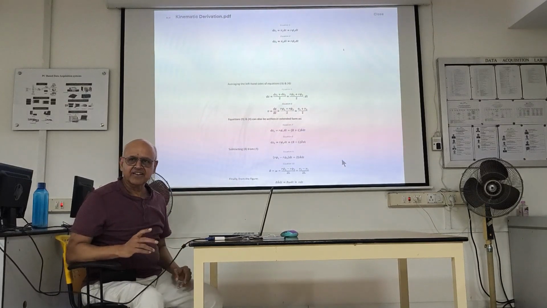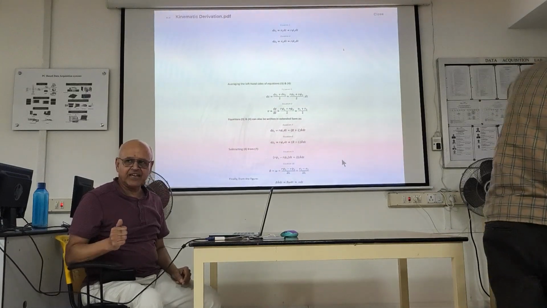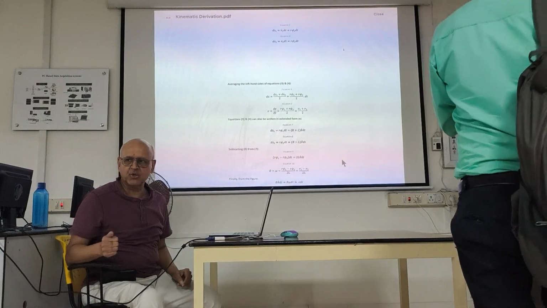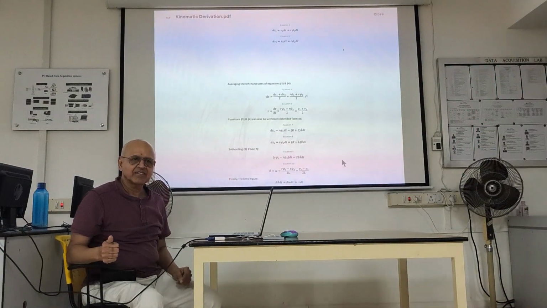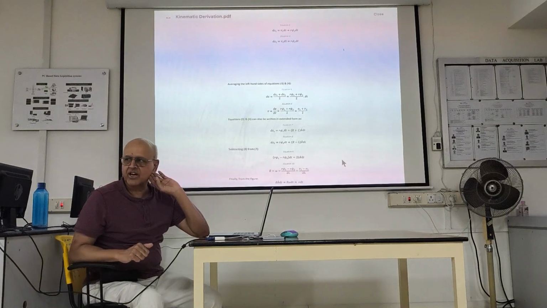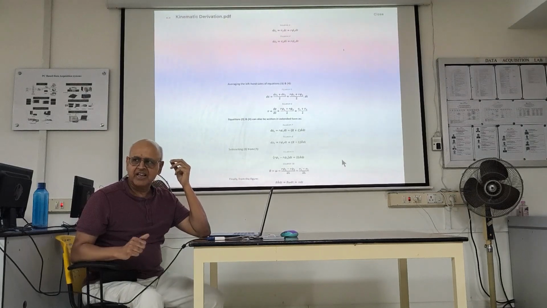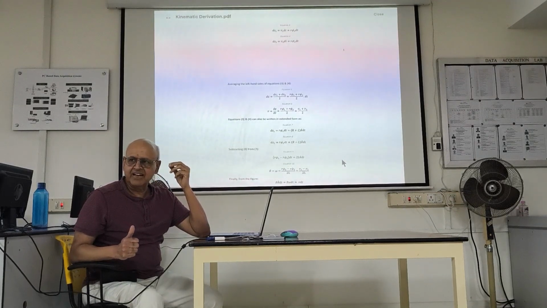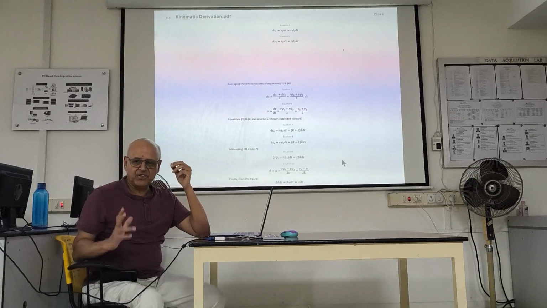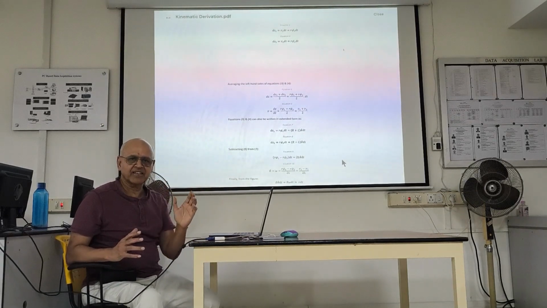So everything fits in, right? Everything fits in. Now one more. The right wheel is stopped. V1 is 0. But V2 is some positive value. What is going on? It will turn. The right wheel is stopped, but the left wheel has a positive velocity.